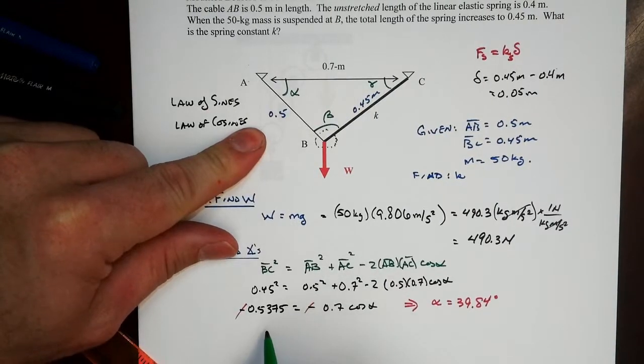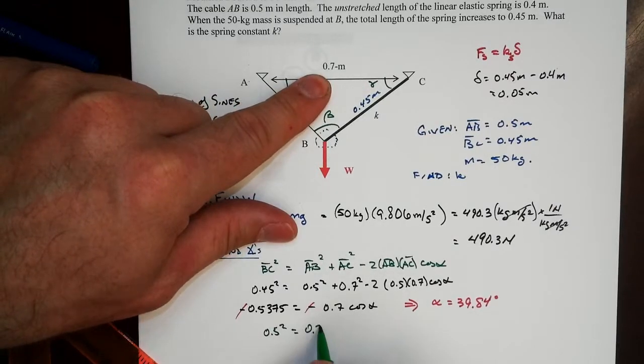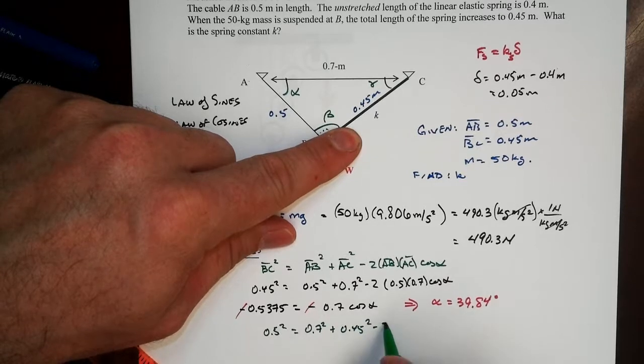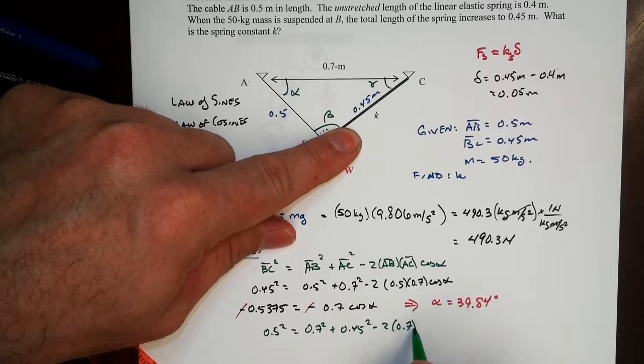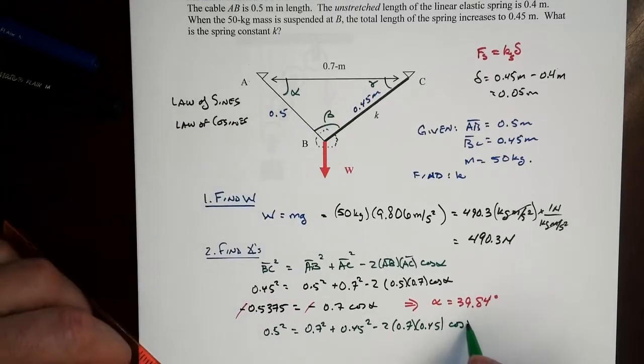The opposite side would be 0.5 squared, which is equal to the adjacent 0.7 squared plus 0.45 squared minus 2 times 0.7 times 0.45 times cosine of gamma.